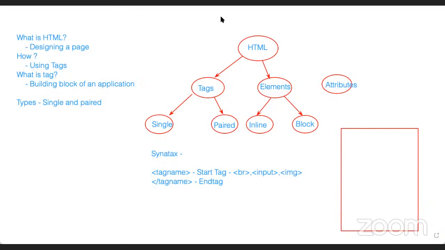If you are placing an element here, just give me a minute while I draw. If you place an element and the element blocks the entire row, whatever element we have placed in a row, if it is blocking the entire row, it is called a block level element. Even though, to place this element inside a web page, we don't need the entire space, the nature of the element is block level. That's why this element is blocking the complete row. So these elements are called block level elements.